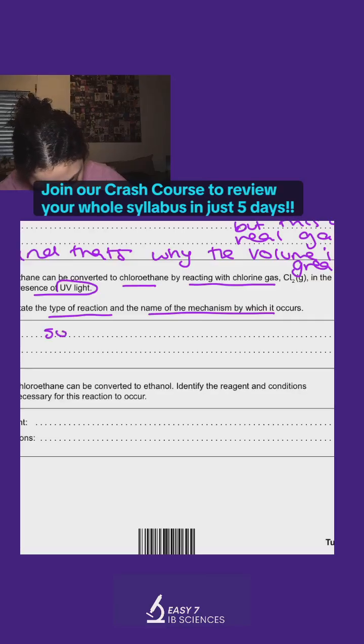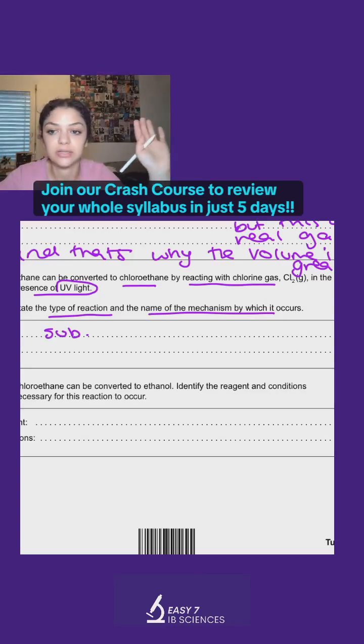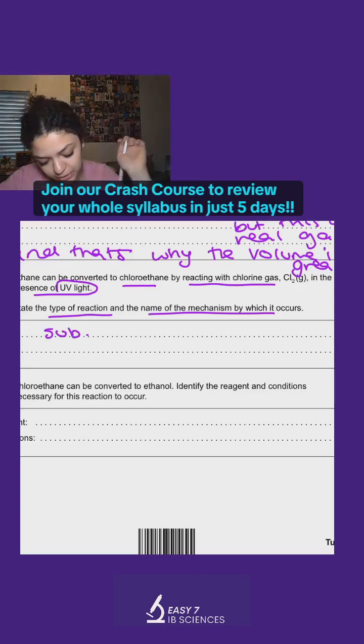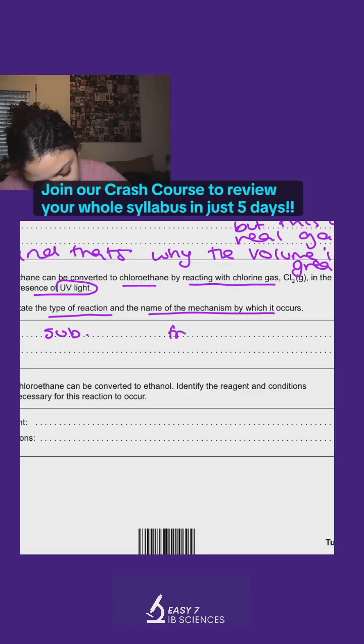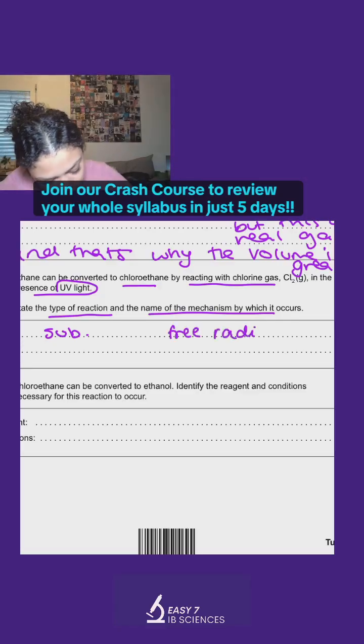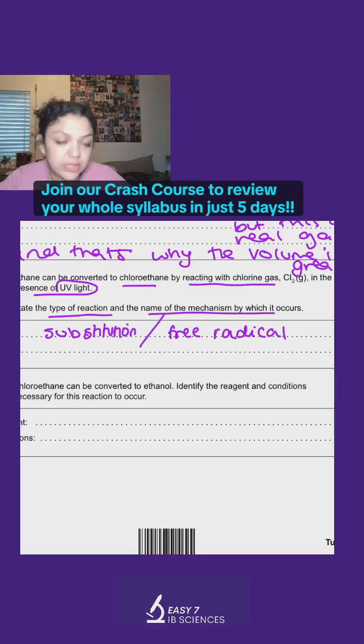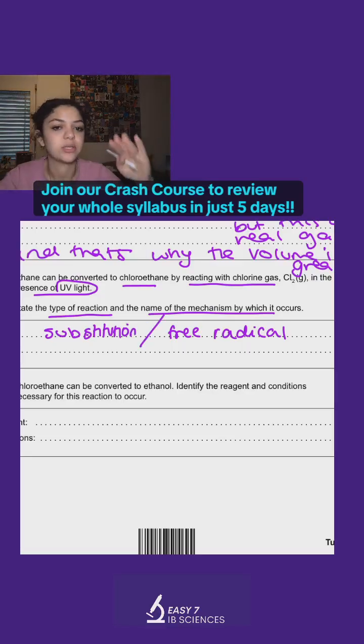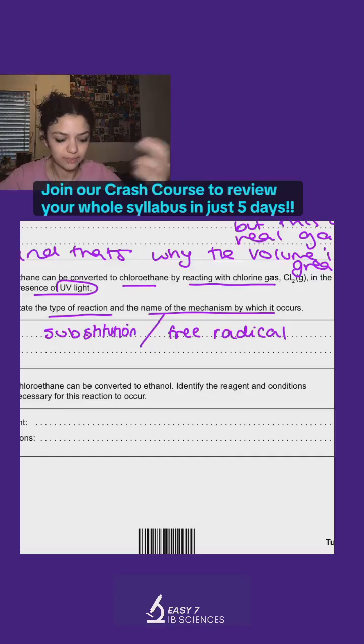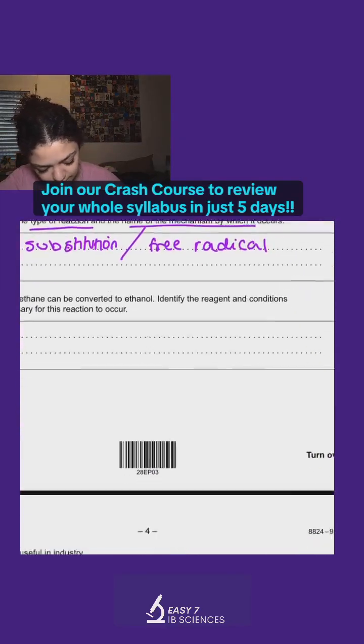Perfect. So substitution is the exact type of reaction, and the name of the mechanism is free radical substitution, of course. Okay, so you've mentioned that it's a substitution reaction and that it's a free radical. Now, how do you know something is substitution? I'll give you a hint.